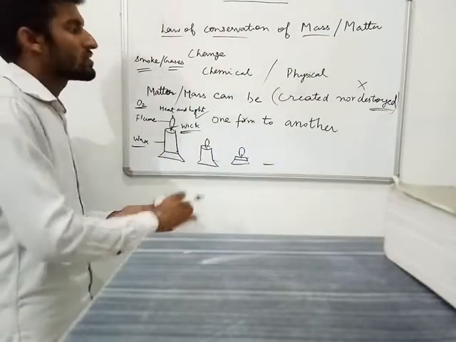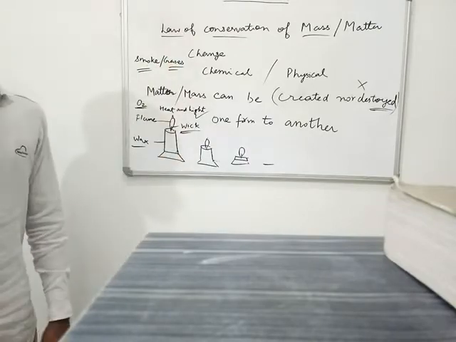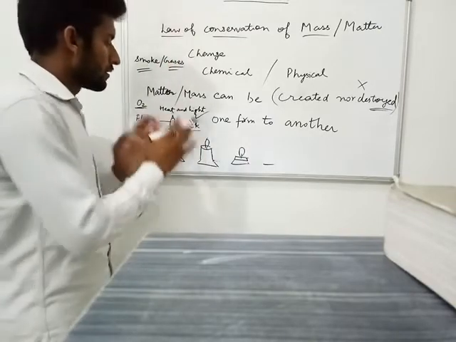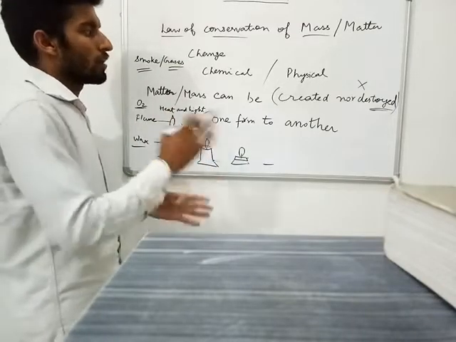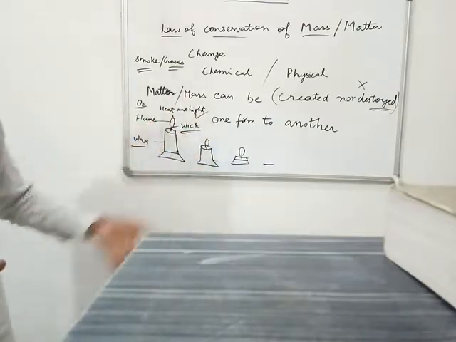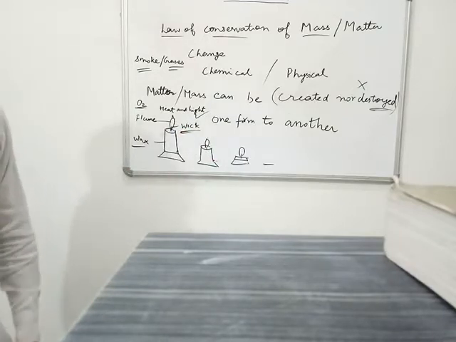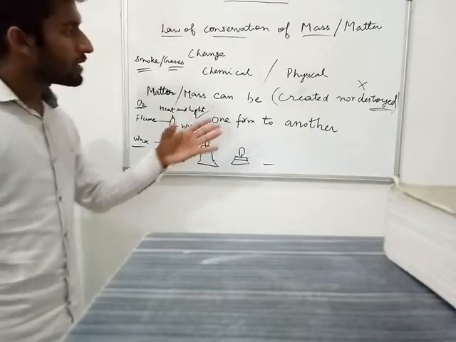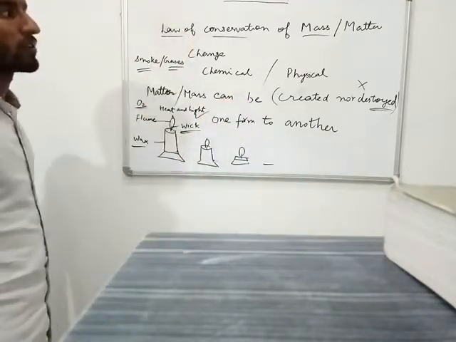The wax has changed into smoke and other gases along with heat and light, but the form has changed. Overall the elemental form has not been destroyed, it remains conserved. So this is the law of conservation of matter.